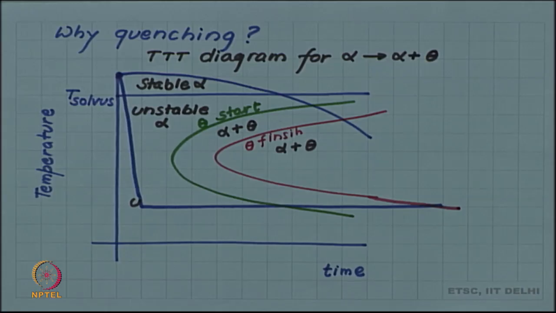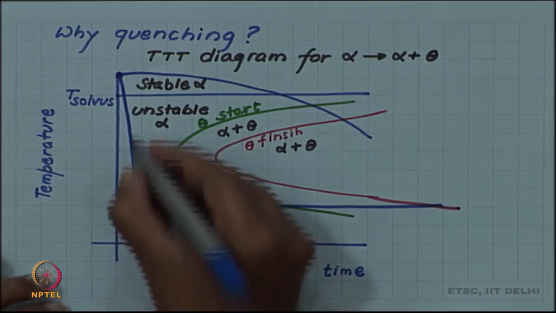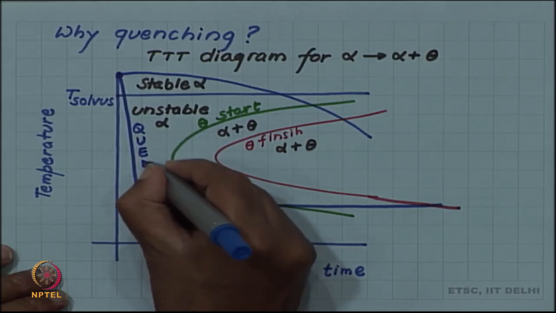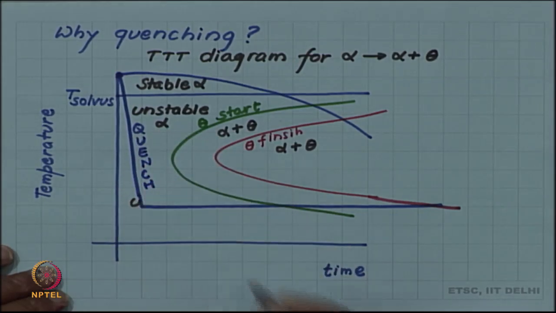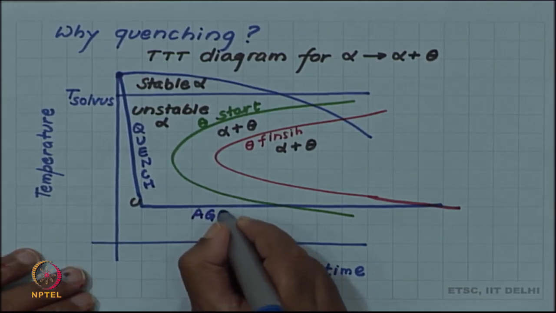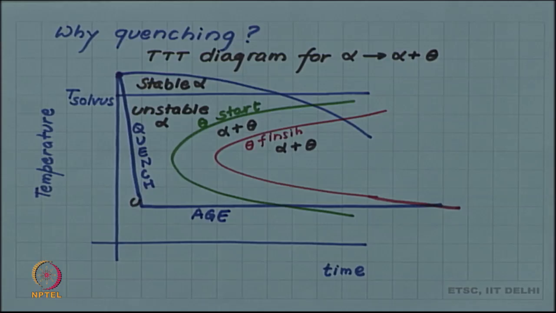Why do we need to quench? Quench and then age. This is Wilm's procedure instead of gradually cooling.